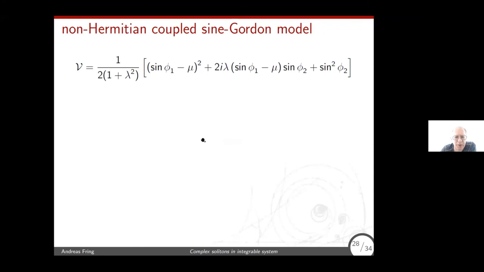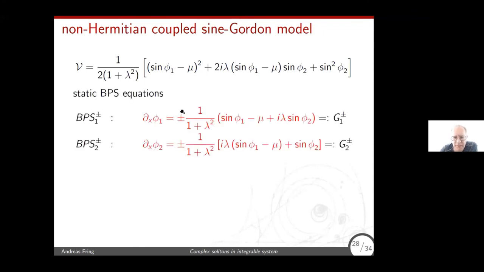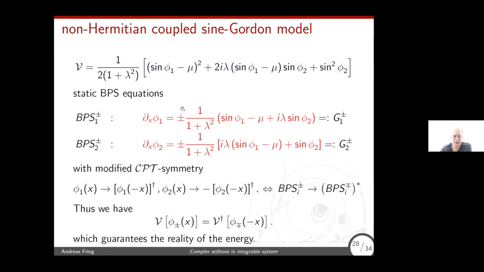And here's an example of a non-Hermitian coupled sine-Gordon system. So you get two equations of motion out of this, one corresponding to the self-dual solution, one to the anti-self-dual solution. And they admit what we refer to as a modified CPT symmetry.